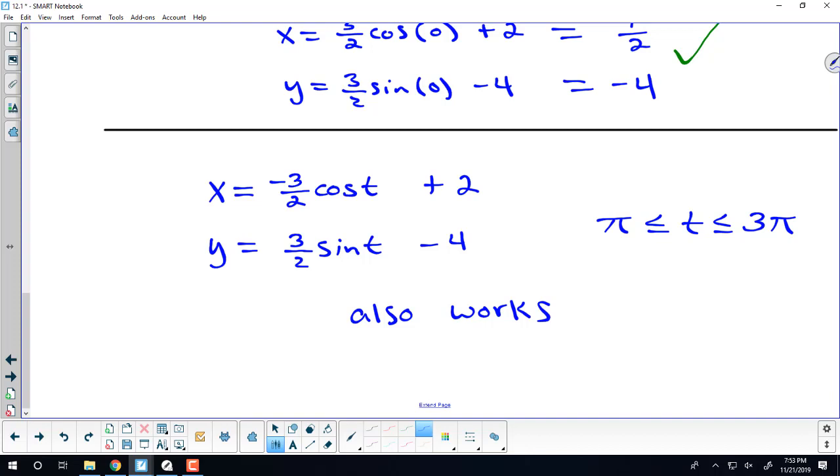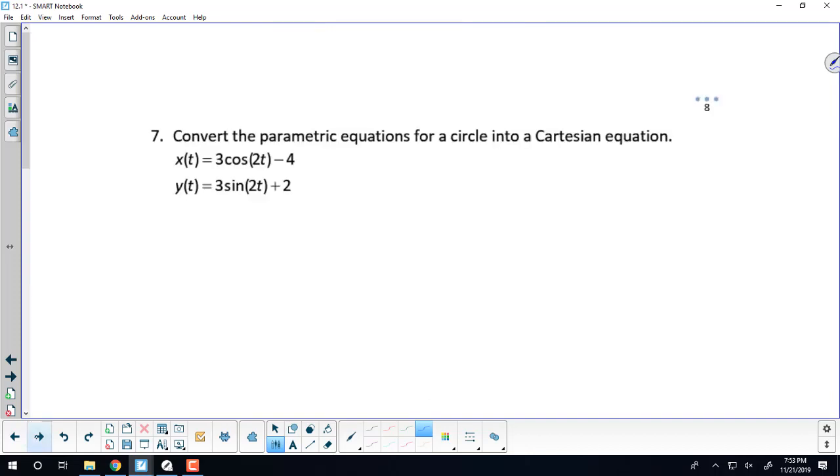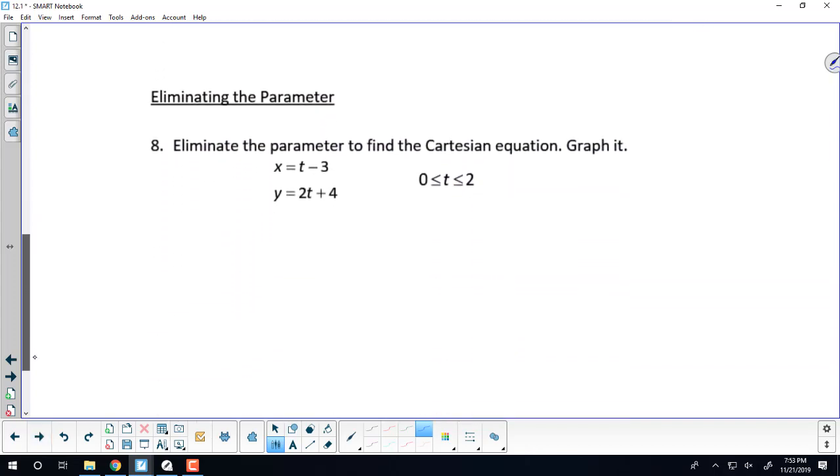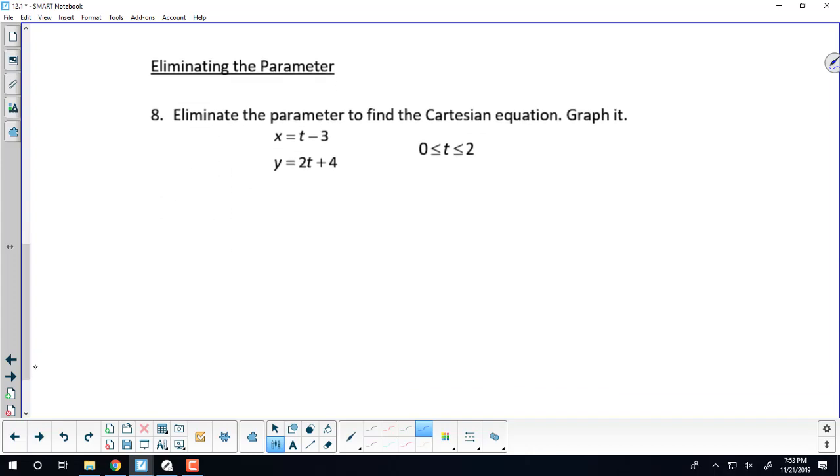Okay. So a few more examples of converting or eliminating the parameter. I think we'll skip that one because we've done many of those. Let's see how many more we have.